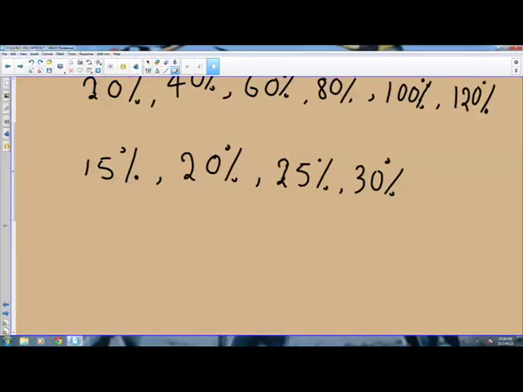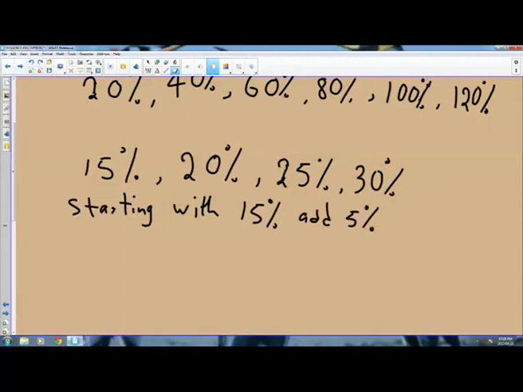So in words, this will be starting with 15%, add 5%. It is important that you always state where you are starting. So starting with 15%, add 5%.